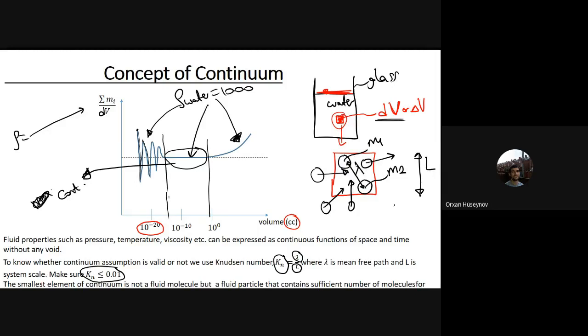If this ratio, lambda by L, is much smaller than 0.01, then we can say that the continuum approximation is valid. Otherwise, you will have to use a statistical approach, because if you are in the molecular view, you have to use a statistical approach. And if you are in this other part of the view, you have to use, again, a statistical approach. But in this case, you can use the famous laws of mathematics: calculus, derivatives, integrals.